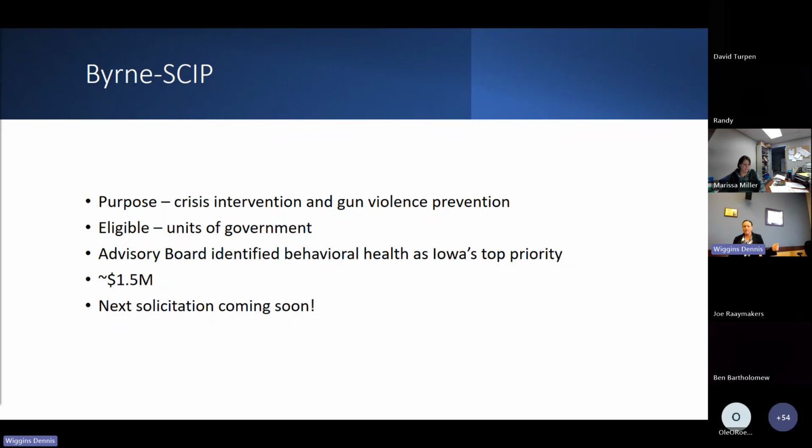We were required by the feds to pull together an advisory board. So we did that about a year ago. We met a couple of times. That advisory board identified behavioral health as our top priority in the state. We have done one competitive application cycle already. The next one is going to be coming soon.